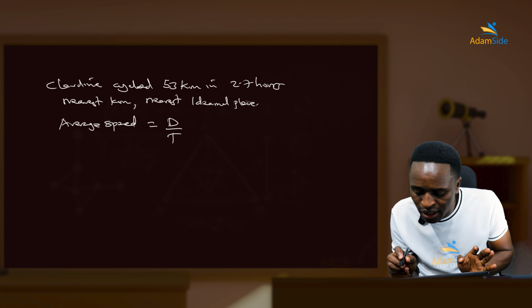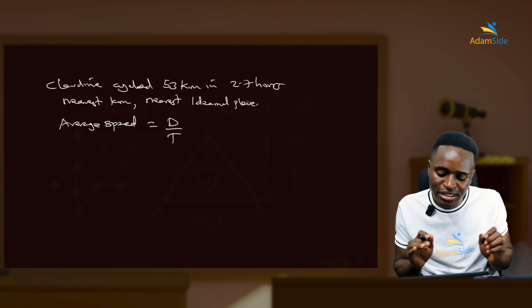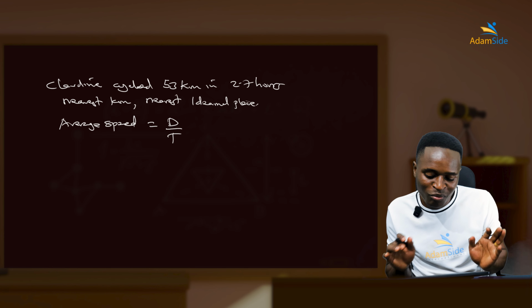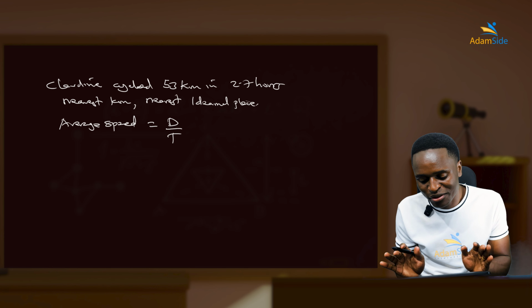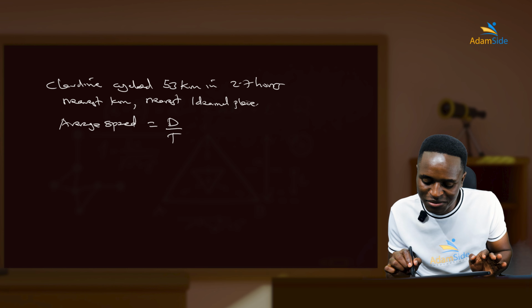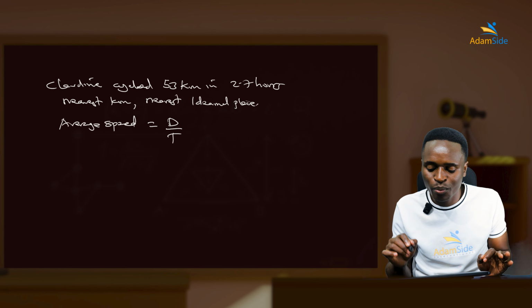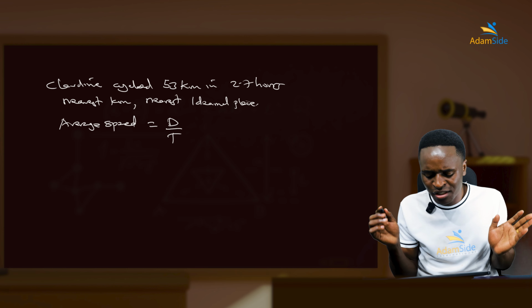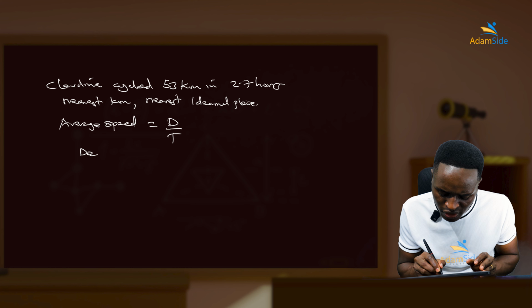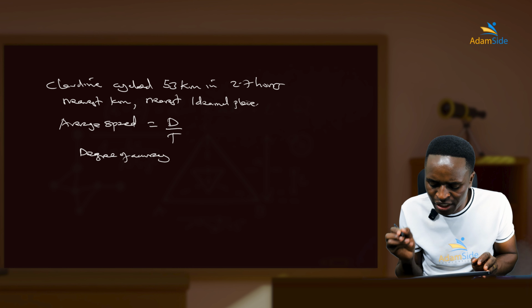Because if you just say to the nearest kilometer, this will be 53.5, my upper bound, so 53.5 divided by my time, which is 2.7. So we need to find the degree of accuracy for each.